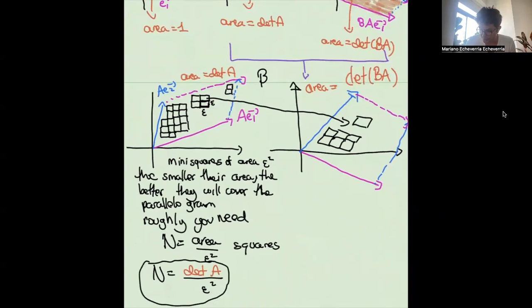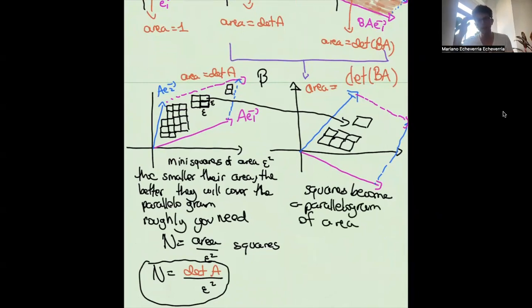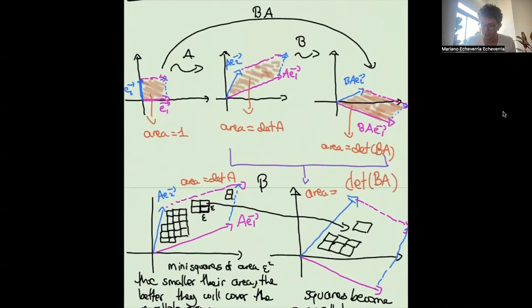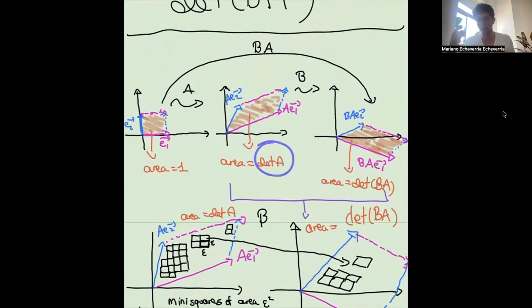So now the squares become a parallelogram of what area? Well, essentially the area is epsilon squared, because that was the original area of the square, but the distortion factor is the determinant of the matrix.